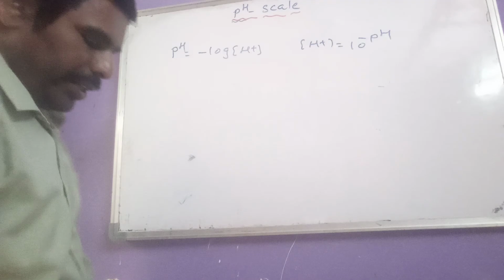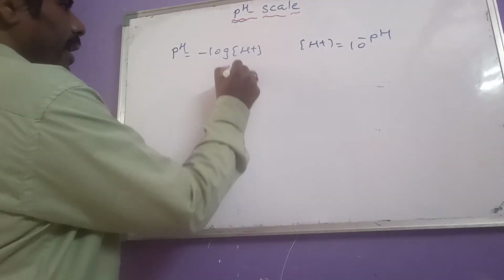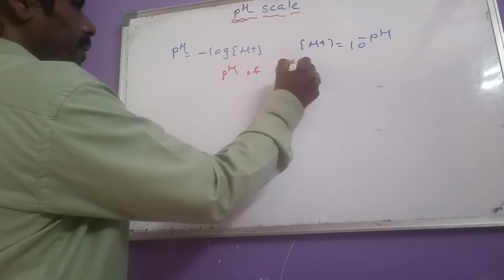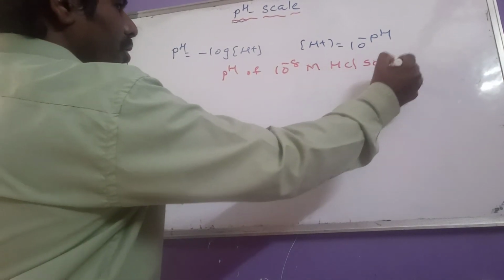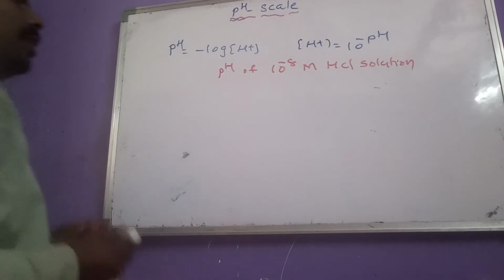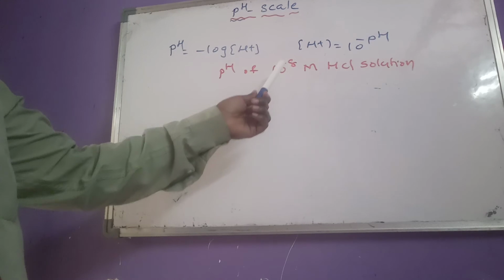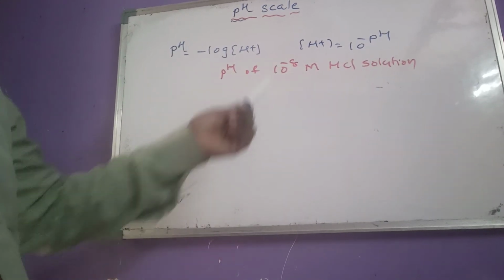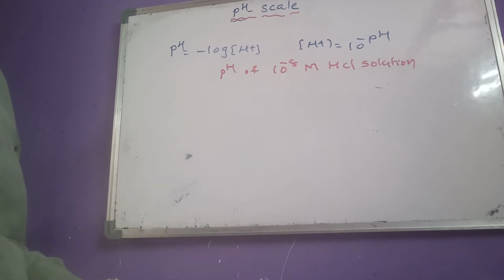Okay, then another important question in pH calculation. What is that important question? Let us see here. What is the pH of 10 power minus 8 M HCl solution? Generally, so many people directly answer 8, because if the H plus concentration is 10 power minus 8, we can get pH 8. But for 1 minute we have to think here.